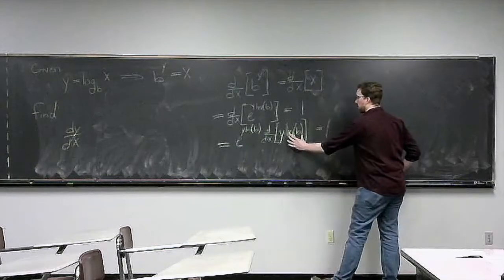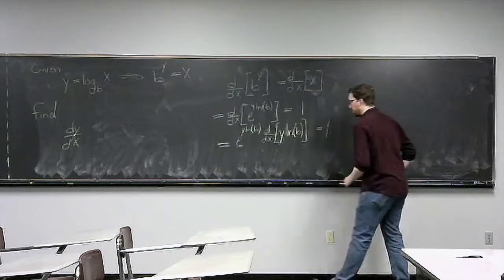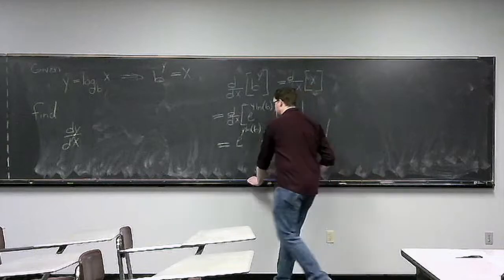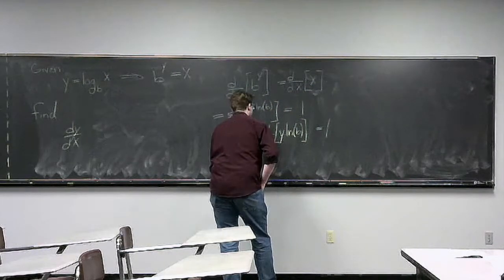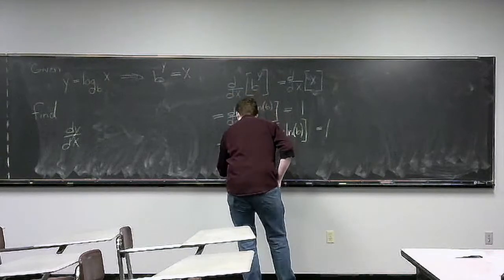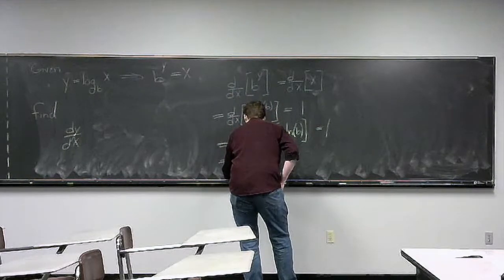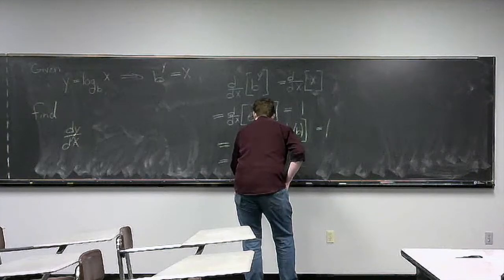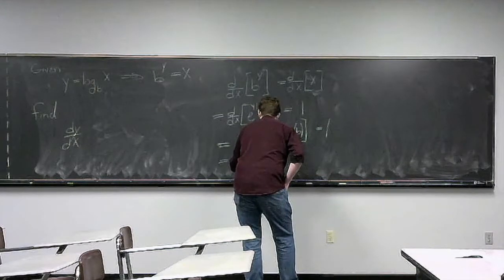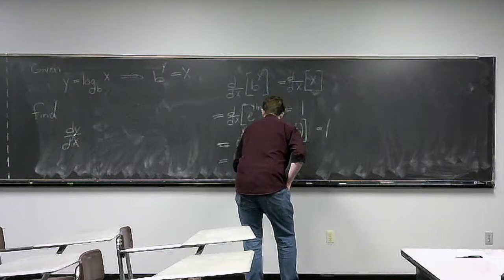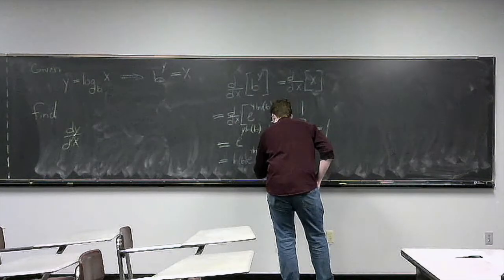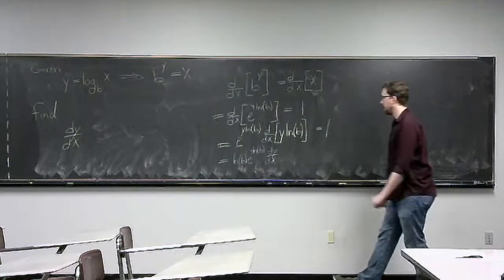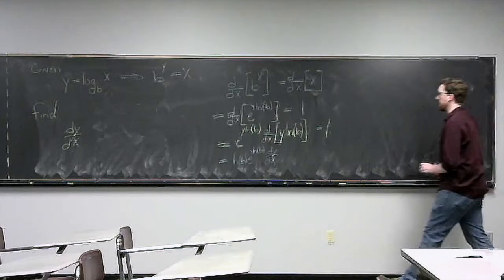Well, by the constant multiple rule, we pull out that ln of b. And when we do all that, we're going to get that this is equal to the ln of b times e to the y times the ln of b times dy dx. All that's equal to 1.